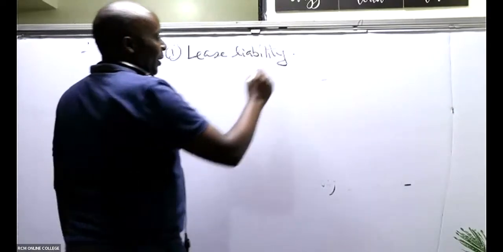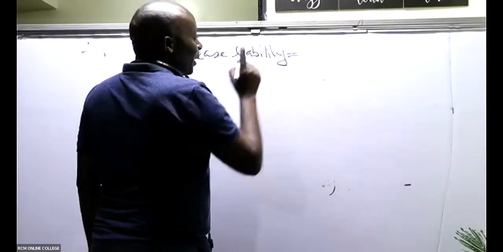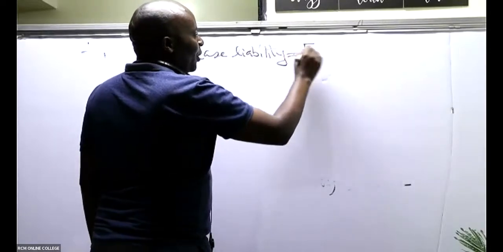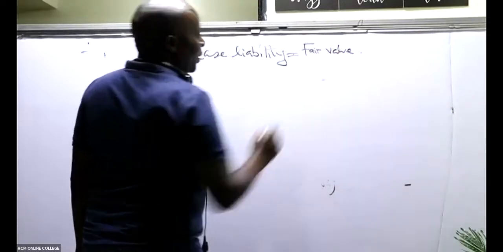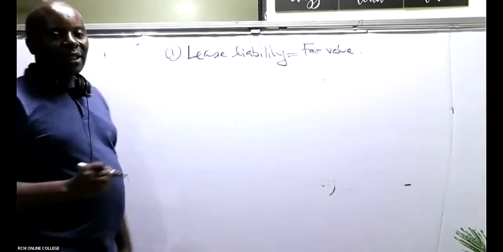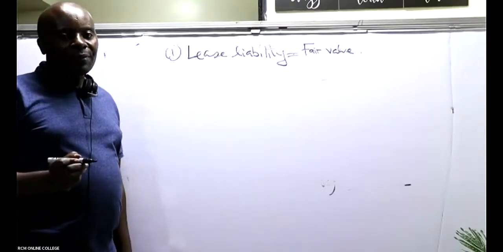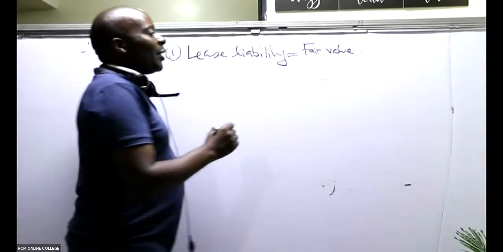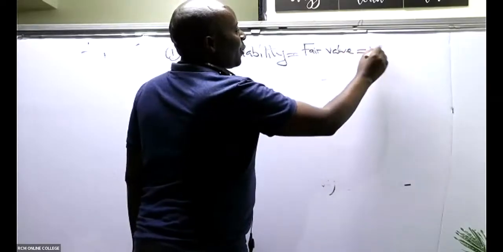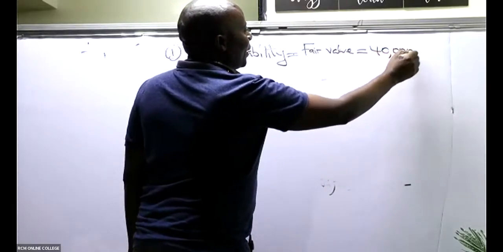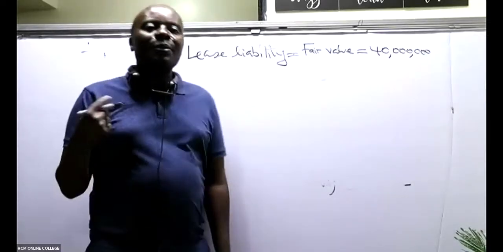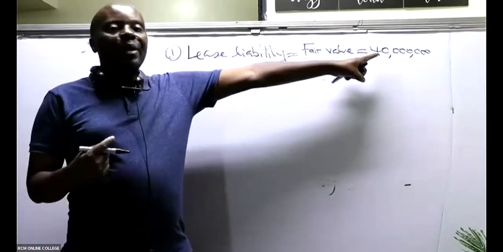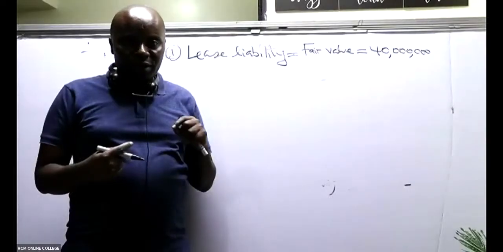How do we get this? First of all, this lease liability is always equal to fair value of the asset, or market value of the asset. In this question, they have told us that the fair value is 40 million. So automatically it means that as this tenant is taking up this space, he should be willing to pay the market value.